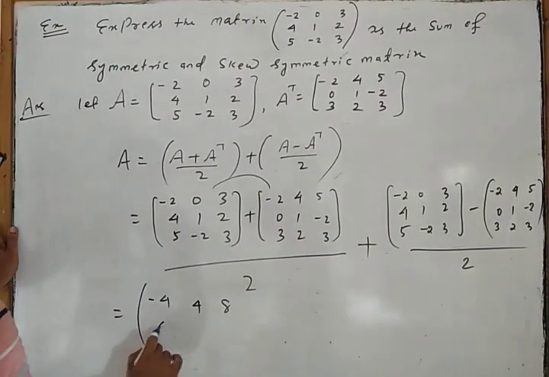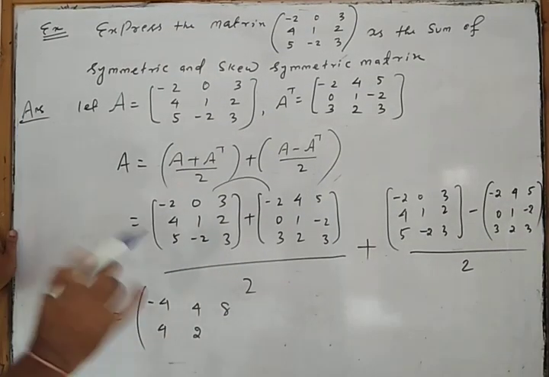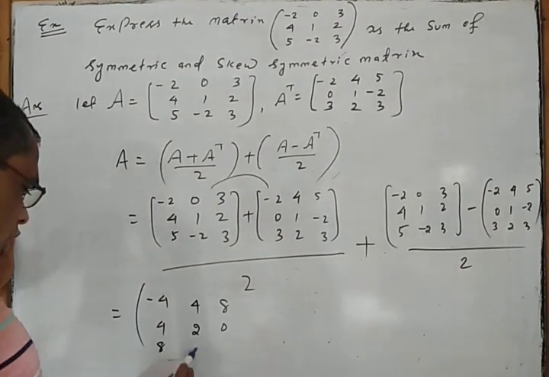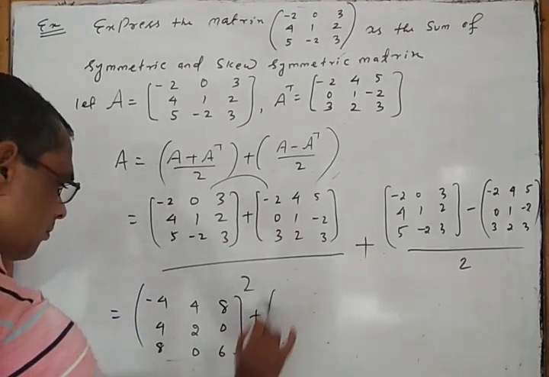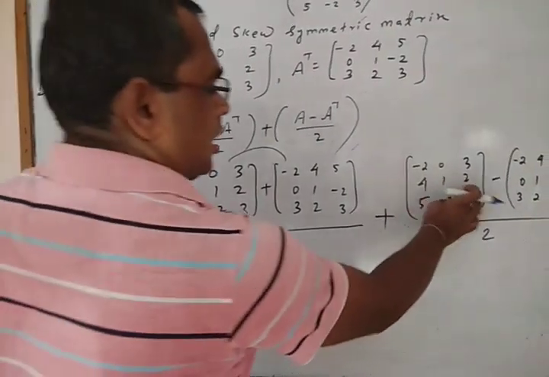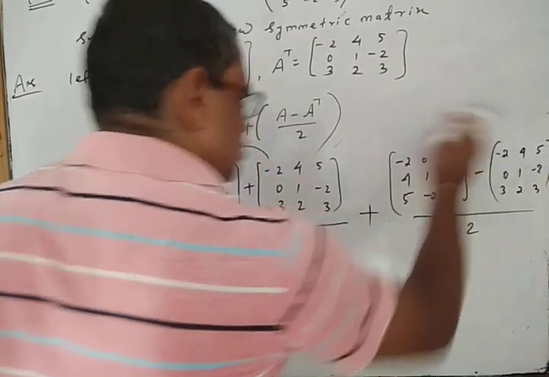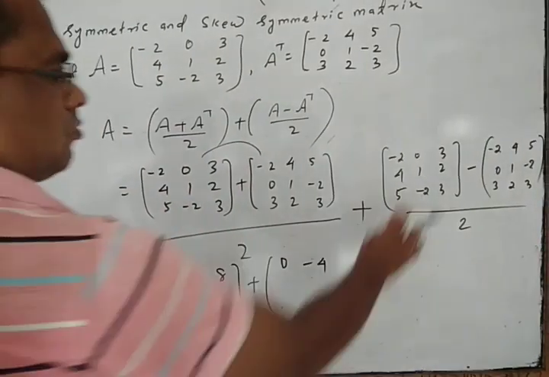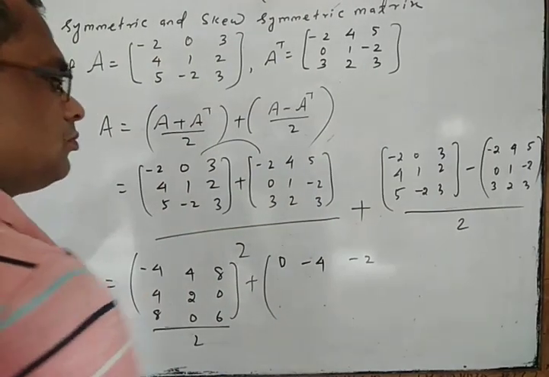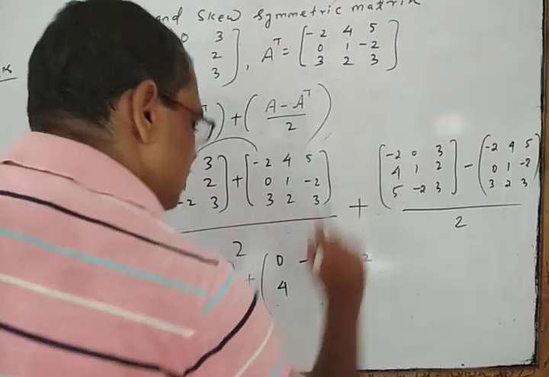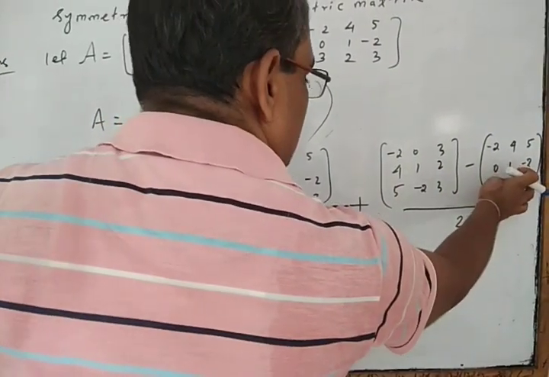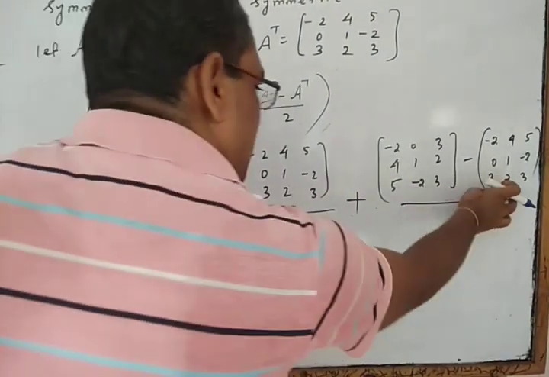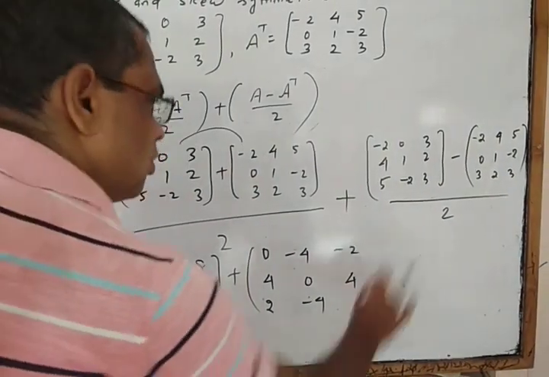Then 4 plus 0 is 4, 1 plus 1 is 2, -2 plus 2 is 0; add corresponding elements. Then 5 plus 3 is 8, 2 plus -2 is 0, 3 plus 3 is 6, by 2, plus the subtraction of corresponding elements: -2 minus -2 means plus 2, so 0; 0 minus 4 is -4; 4 minus 0 is 4; 1 minus 1 is 0; 2 minus -2 is 4; 5 minus 3 is 2; -2 minus 2 is -4; then 3 minus 3 is 0, by 2.